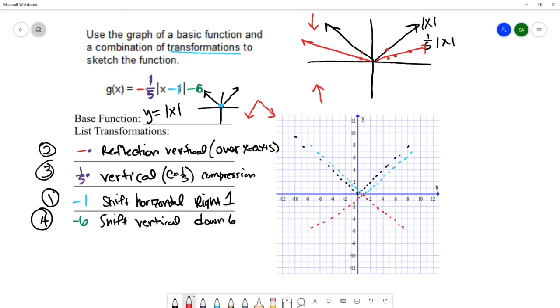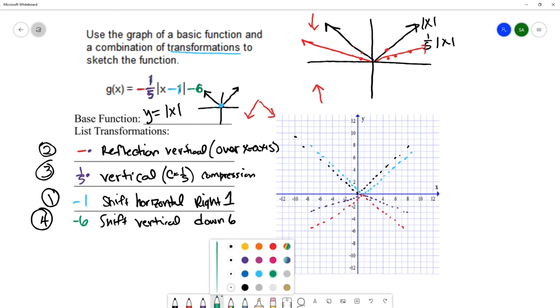Our compression will cause the graph to compress vertically. And what I drew right there is just an estimate. That's not very accurate. If you want me to be more accurate, I can in just a moment. And then finally, we would shift down 6.